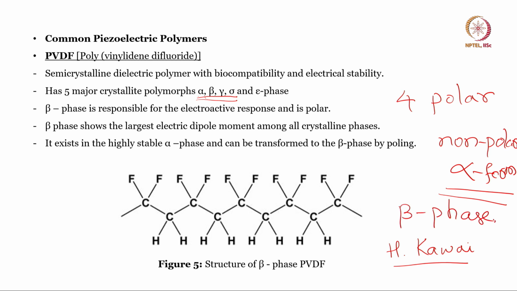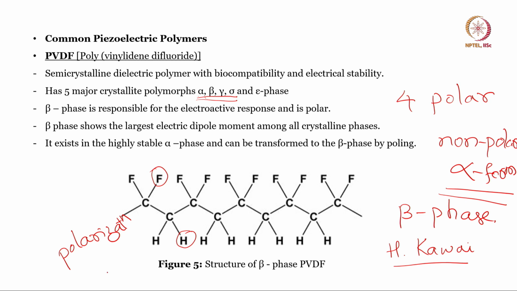So, here you can see the structure of the beta phase of PVDF, wherein the hydrogen atoms as well as fluorine atoms are arranged in an orderly manner. All the fluorine atoms are arranged on one side of the carbon and the hydrogen atoms are arranged on the other side of the carbon. Due to the proper separation of these different functional groups throughout the polymer chain, the material undergoes effective polarization when it is subjected to any kind of stress.